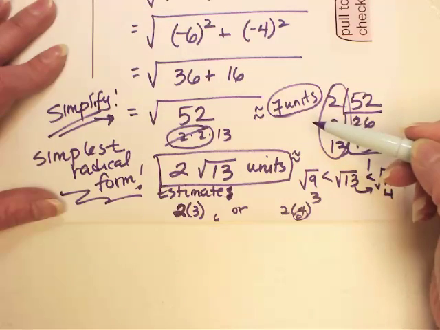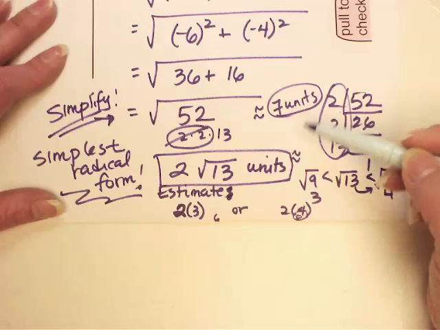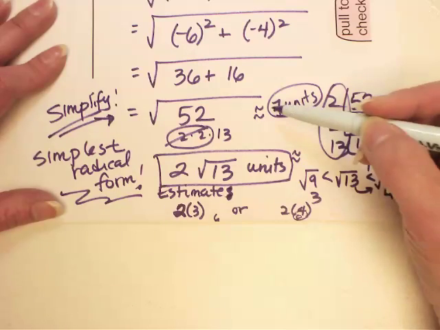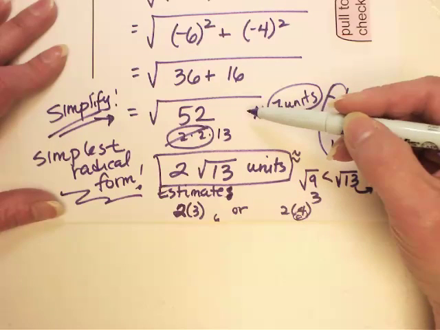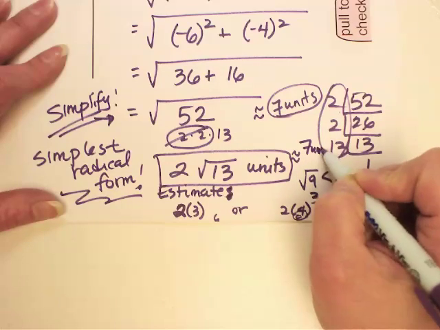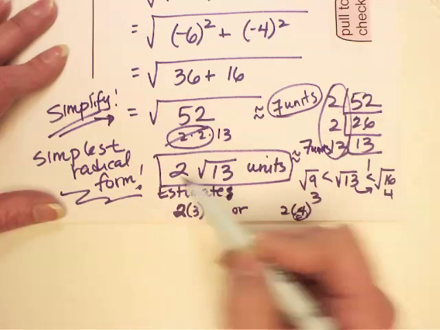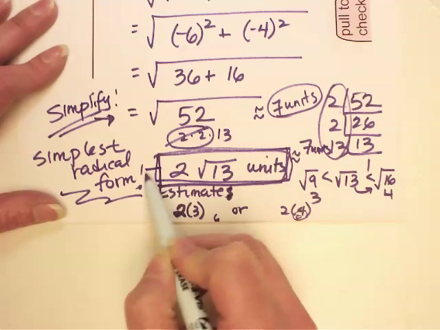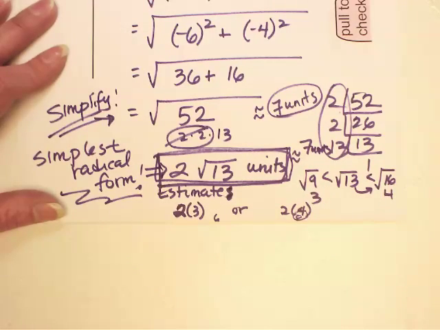Probably my 7, right? So if 7's better, then we notice that we should estimate before we take out our twins. If you estimate from your original square root, you'll probably get a better answer. So I would say this is about 7 units, maybe a little bit over. But this answer is still best. We call it simplest radical form, and that's what we'd like to see.